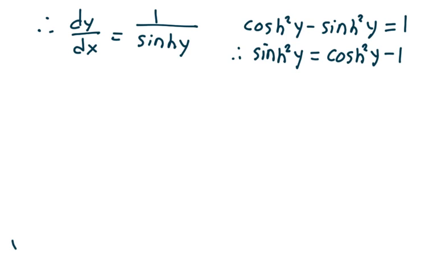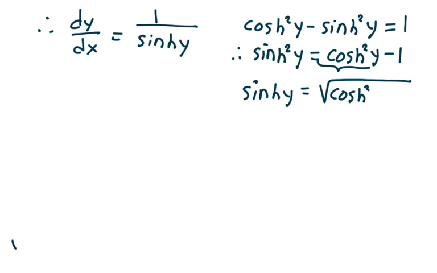Now, remember that y is greater than or equal to 0, so this is always going to be greater than or equal to 1. And so when I take the square root, I get hyperbolic sine of y is the square root of hyperbolic cosine squared y minus 1.